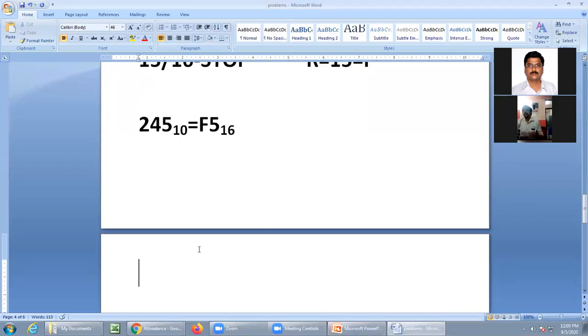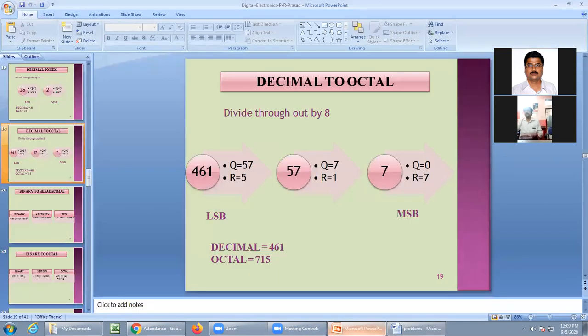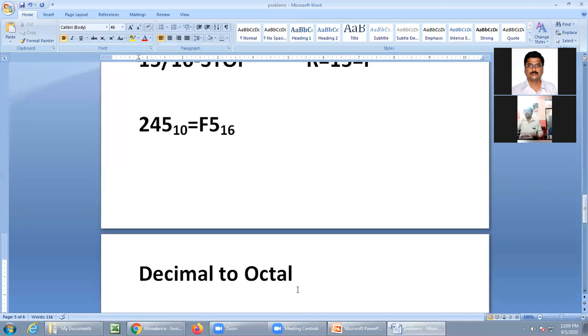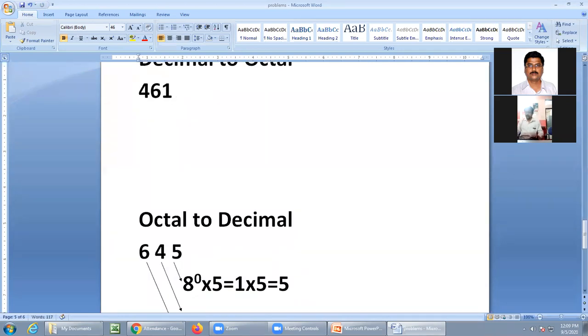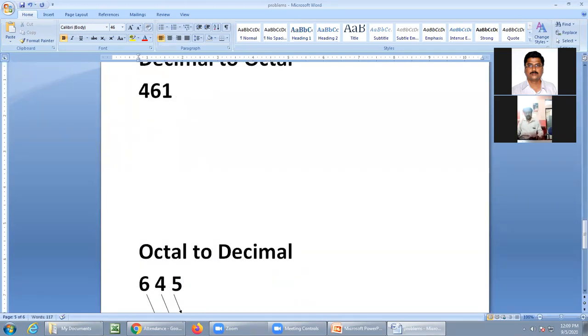So here I will take a new page: decimal to octal. So what is the number? It is 461, right? I am taking this number 461, dividing it by 8. So when I divide it by 8, what do we get as the quotient?